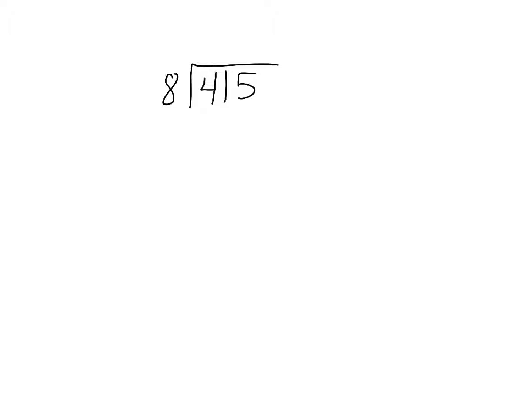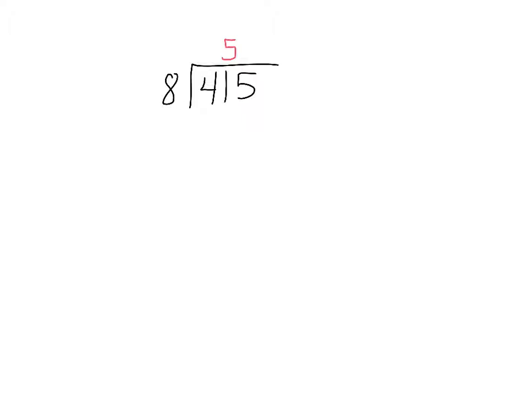So to do that, you say, well, 8 doesn't go into 4, but it'll go into 41. So you look at the first two numbers. 8 times what would get you close to 41? Well, 8 times 5. So I put a 5 up here above the 1 to show that 8 goes into 41 5 times.